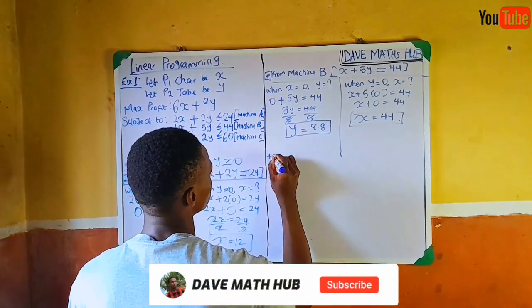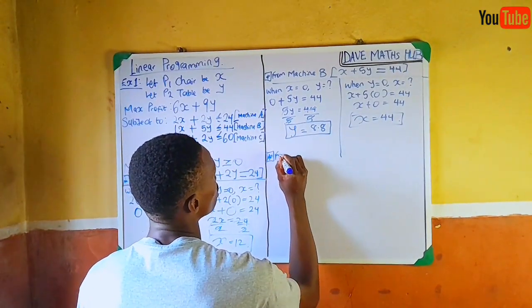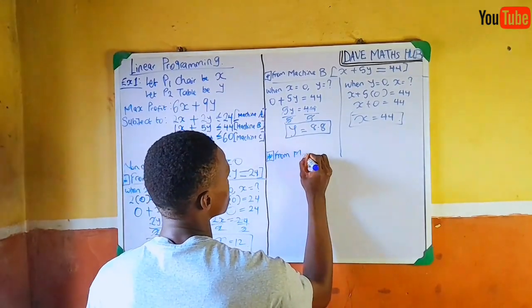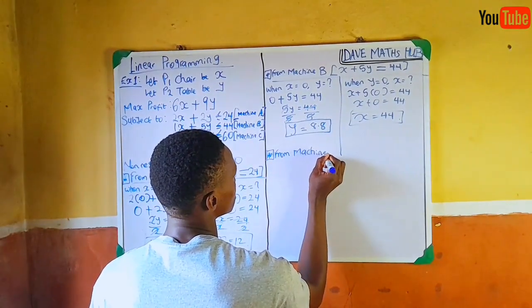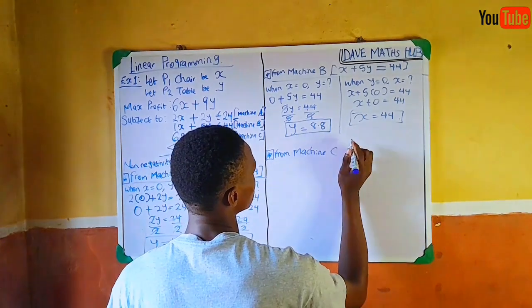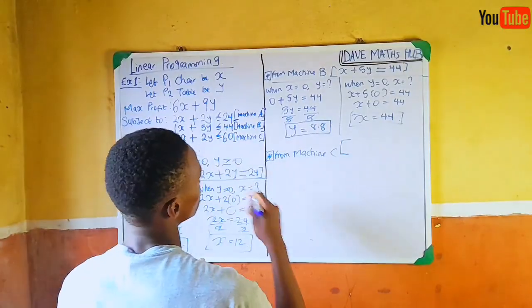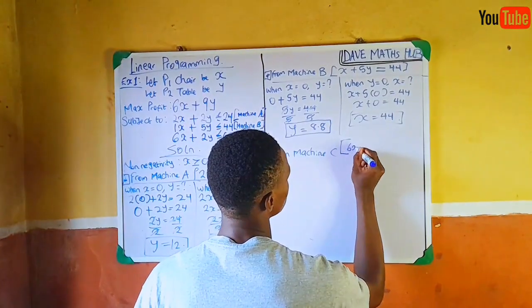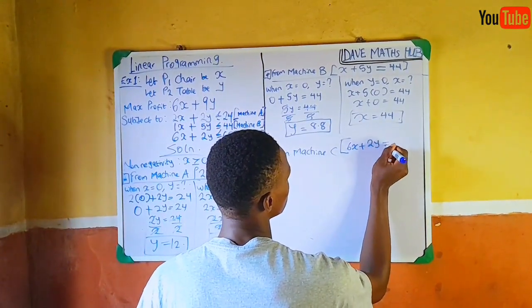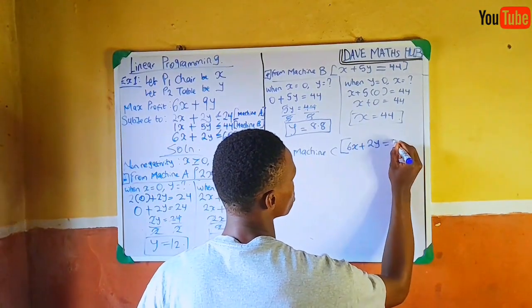Do the same from machine C, which is 6x plus 2y less than or equal to 60. In this place now, write equals to.